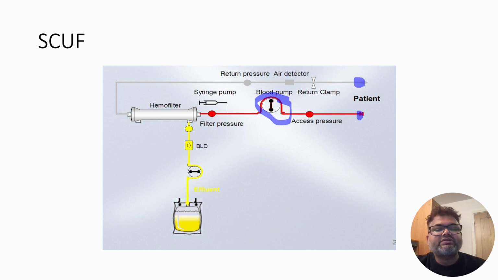There are different safety mechanisms attached, like an air detector inside the circuit, which will detect bubbles and stop the flow to avoid air embolism. There are also syringe pump attachments to deliver anticoagulant if you want to give some. You can see, shown in yellow, where the effluent fluid or ultrafiltrate is getting collected.